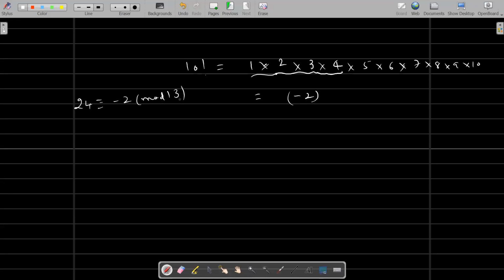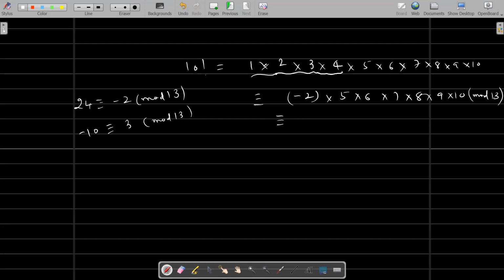Everyone agrees? So it's minus 2 into 5 into 6 into 7 into 8 into 9 into 10 mod 13. Then minus 2 into 5 is minus 10, and minus 10 is again as good as plus 3 modulo 13. Check.